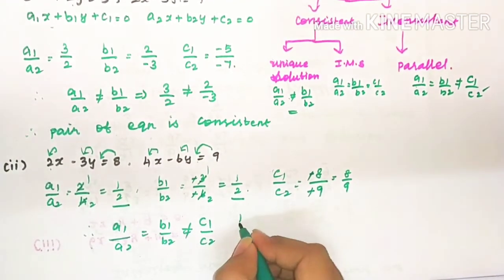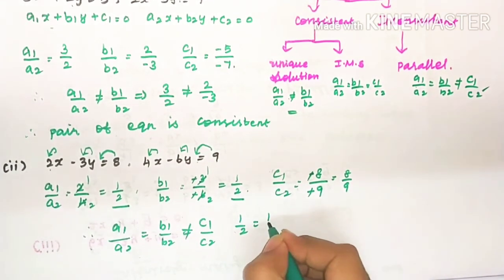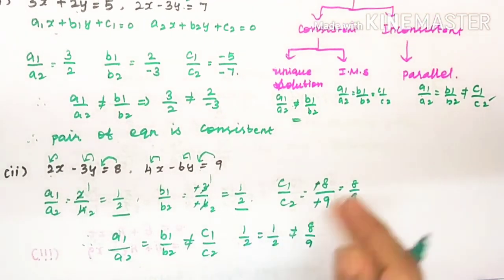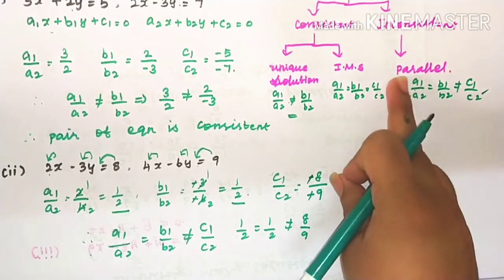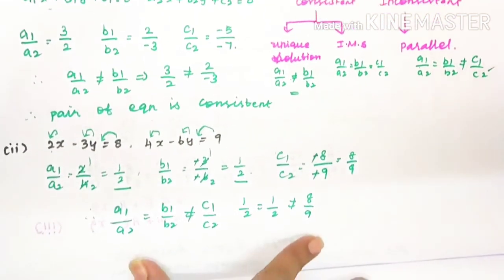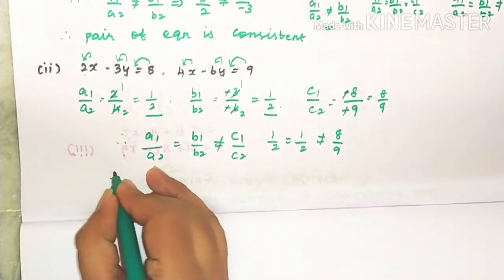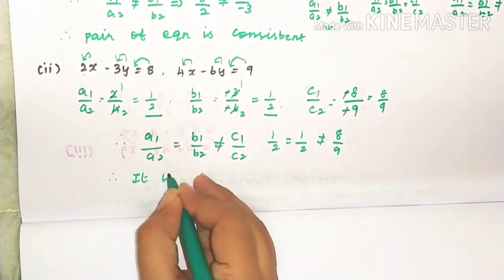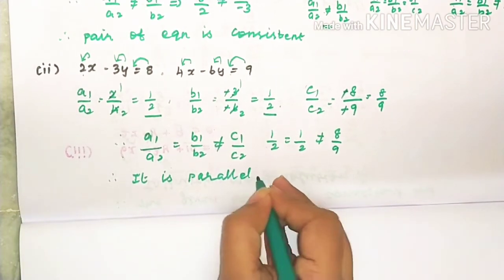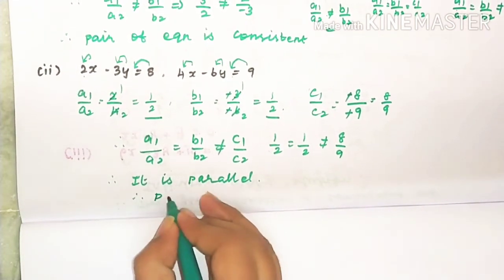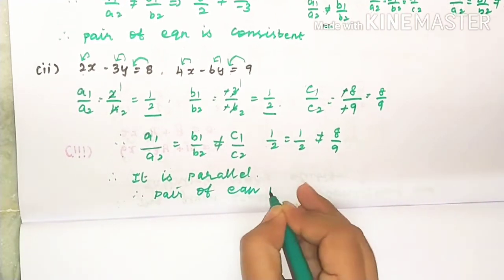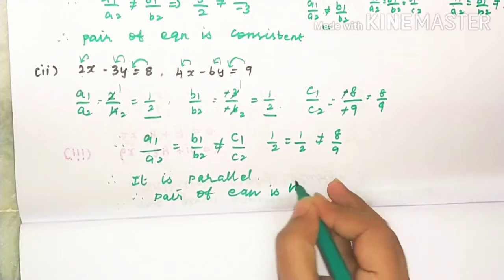That is 1 divided by 2 equal to 1 divided by 2 not equal to 8 by 9. So the third condition is satisfied. So we can say it is parallel. Parallel means inconsistent. Therefore the pair of equations is inconsistent.